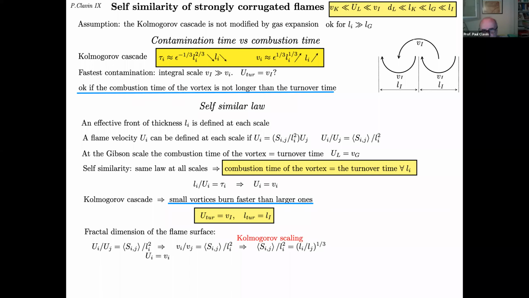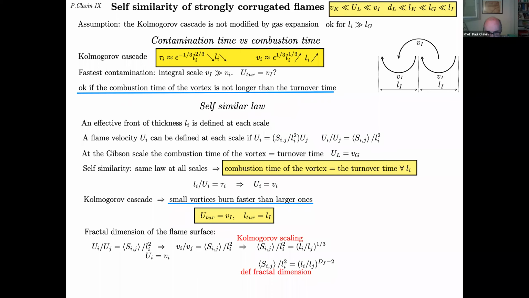Now, if you use the Kolmogorov scaling, you know immediately that this, because it is related to the ratio of the velocities, is the power 1/3 of the ratio of the lengths. But the dimension of fractals tells you that this quantity, the surface at scale L_G over that at L_I, is by definition given by d_f minus 2.